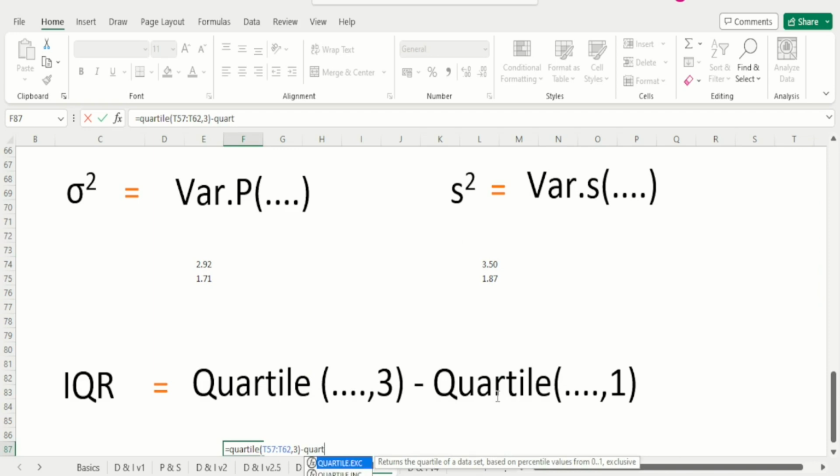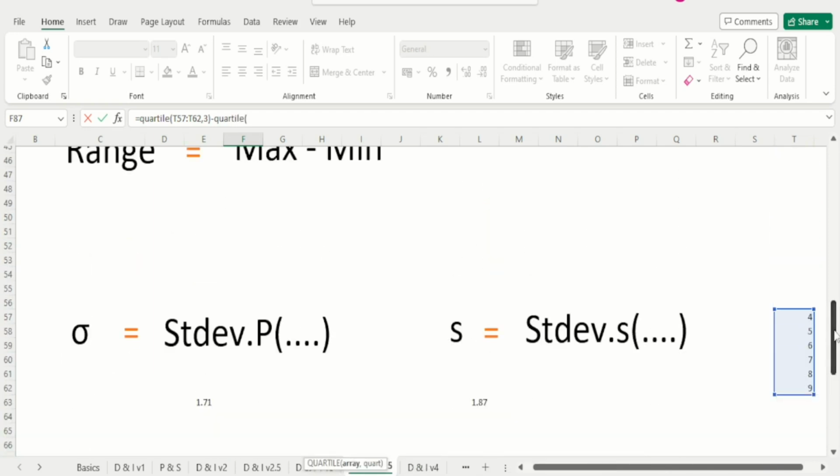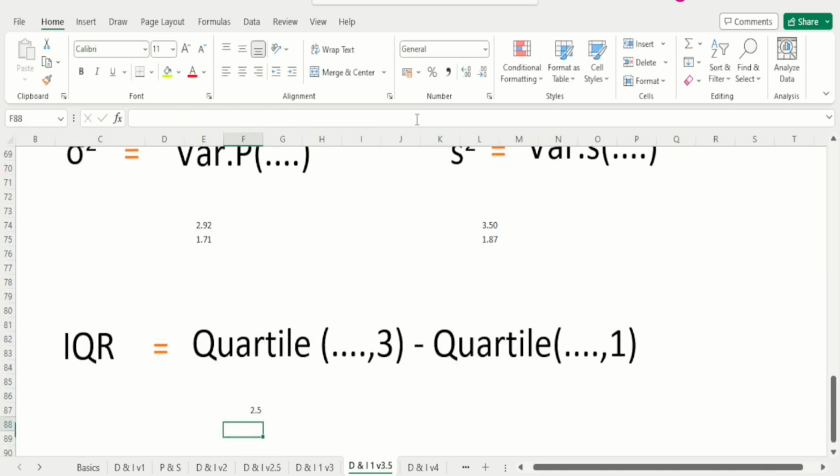And since we are doing the interquartile range, it's the third quartile minus the first quartile. So again, we select the data range and specify 1 in order to generate the first quartile value. And once you subtract them, you can see this is the interquartile range. This is the difference between the third quartile and the first quartile.